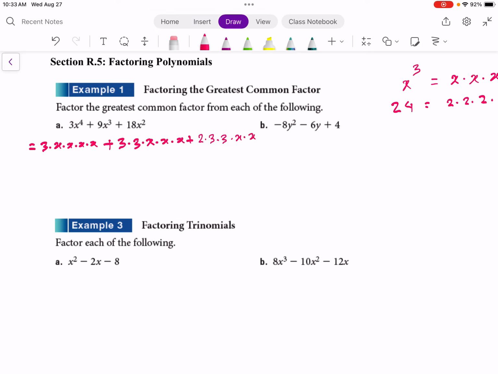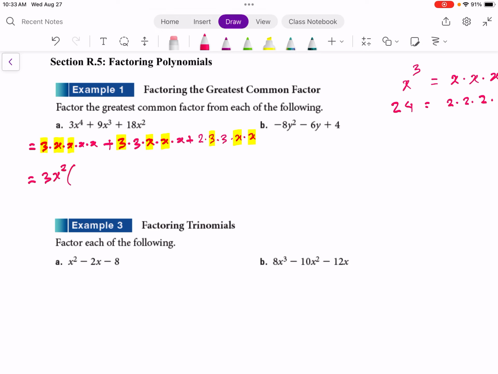Now we look for the common factor. In each term, 3 is common. Do you all see 3 is common, right? And x is also common, and we have one more x common. So 3x times x, which is 3x squared, is the common factor. So let's factor out 3x squared as the common factor.